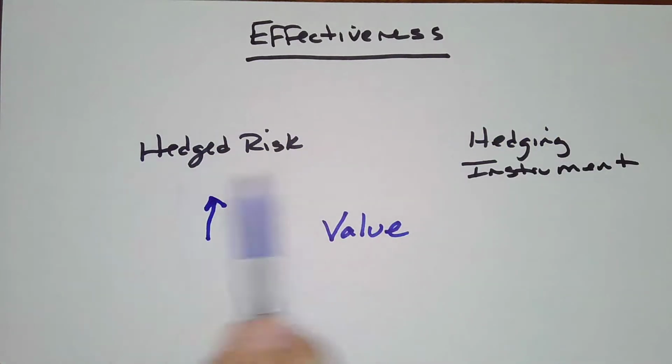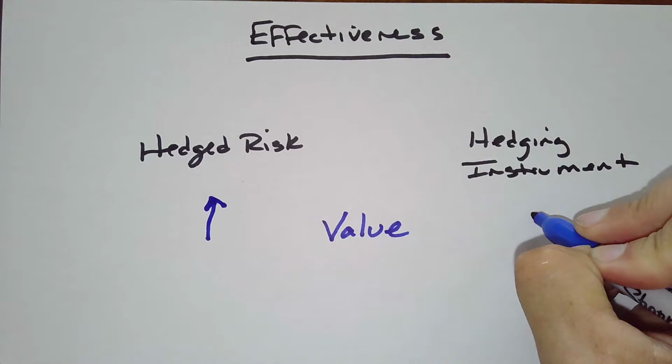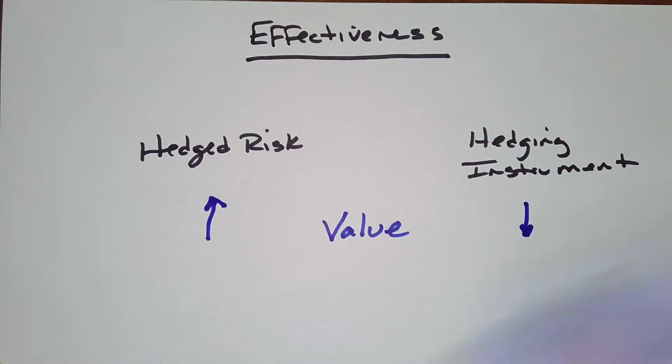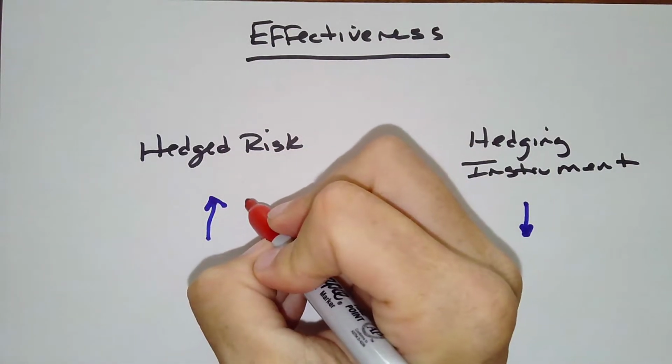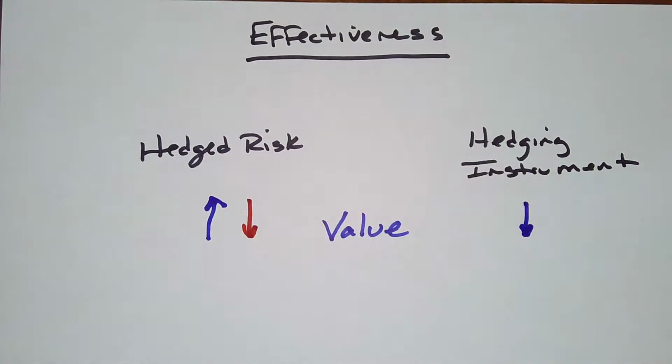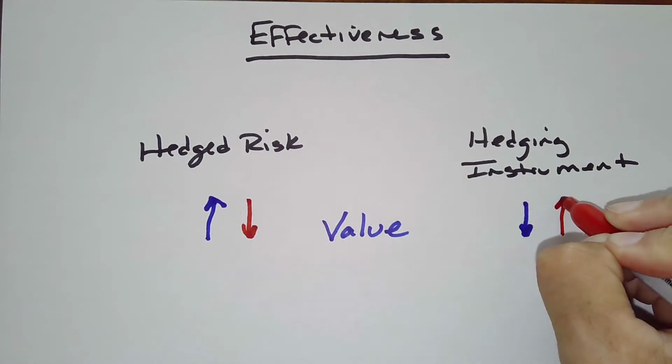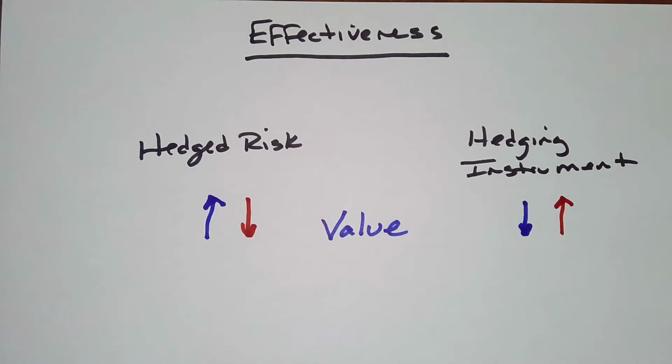If I am hedging off this risk, then the value of the hedging instrument should go down. If the value of the hedged risk goes down, then the value of the hedging instrument should go up. So this is what I'm looking for.